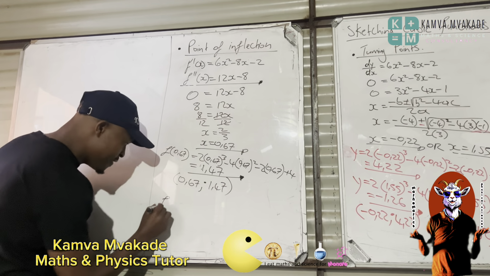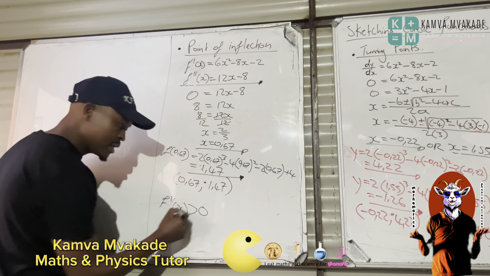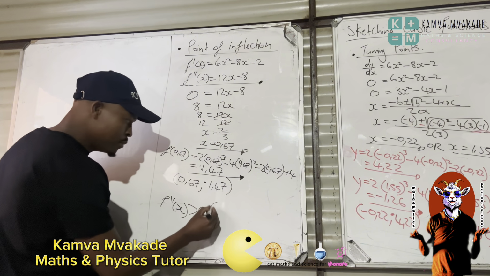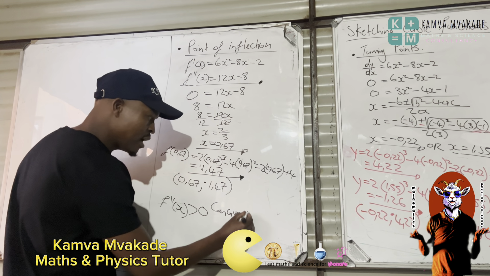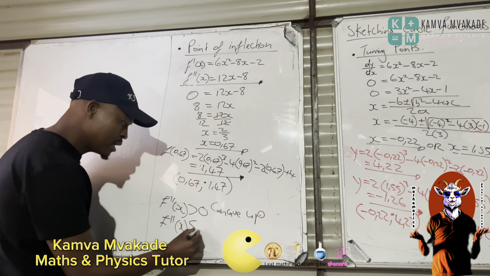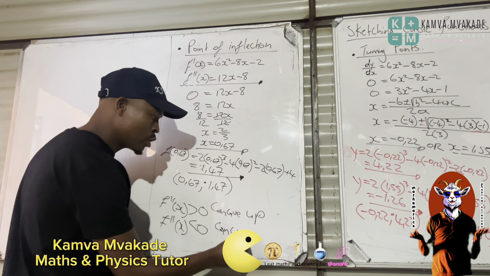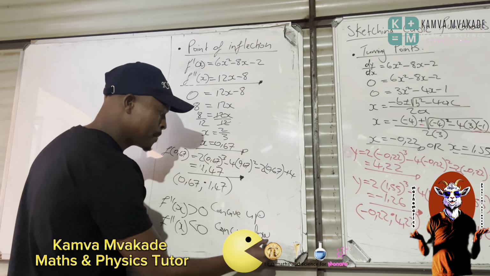Once f prime prime of x is greater than 0, the graph will be concave up. If f prime prime of x is less than 0, it will be concave down.